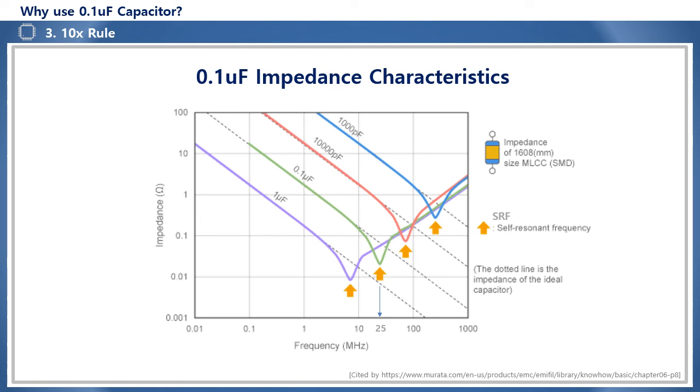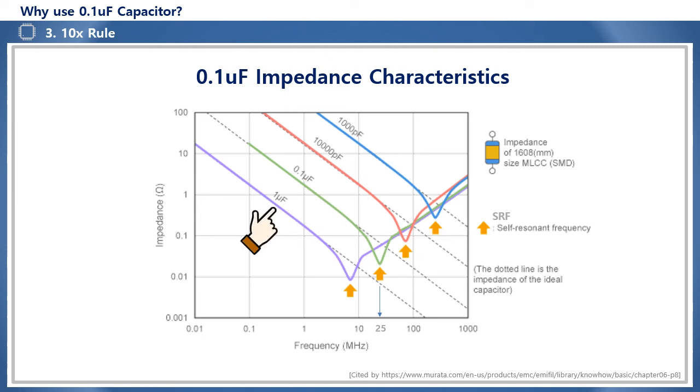The minimum impedance point of the MLCC is based on the self-resonant frequency, or SRF. And when looking at the impedance graphs of 1 microfarad, 0.1 microfarad, 10 nanofarad, and 1 nanofarad, the larger the capacity, the lower the self-resonant frequency, and the smaller the capacity, the higher the self-resonant frequency.